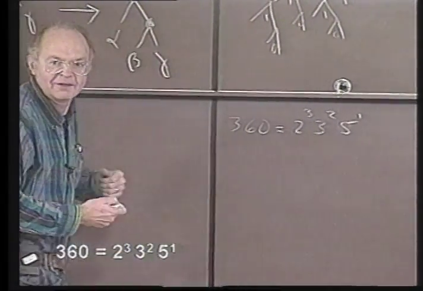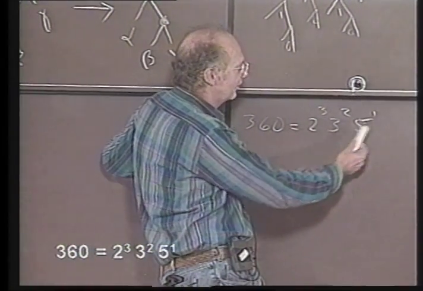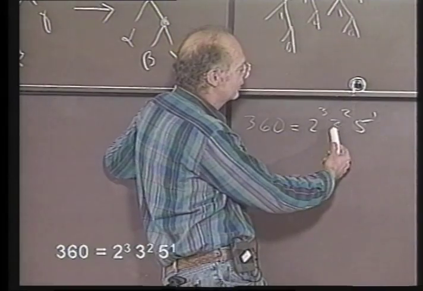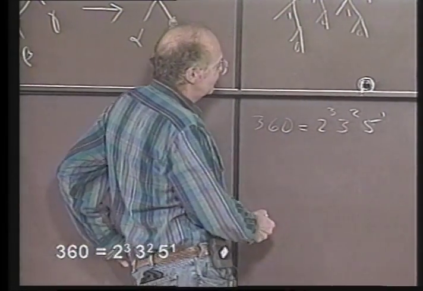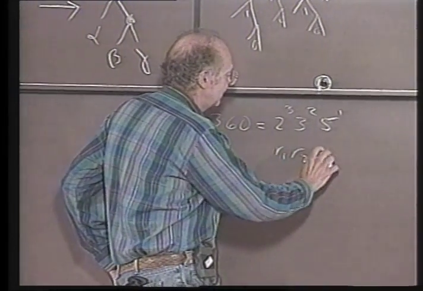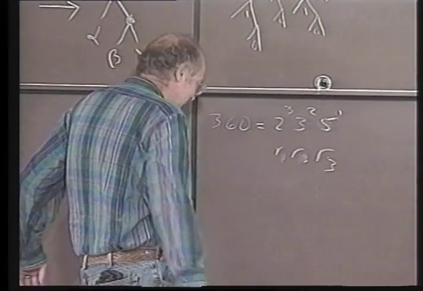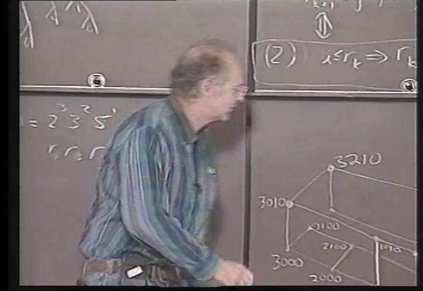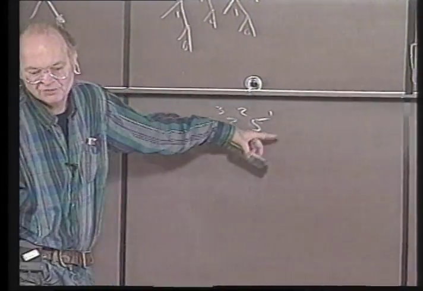So all the divisors of 360, we can encode them by how many 2's are in them, 3's are in them, and 5's are in them. So the divisors of 360 can be represented as a sequence of 3 numbers, where the first one is 0, 1, 2, or 3, the next one is 0, 1, or 2 for how many 3's there are, and how many 5's are 0 or 1.